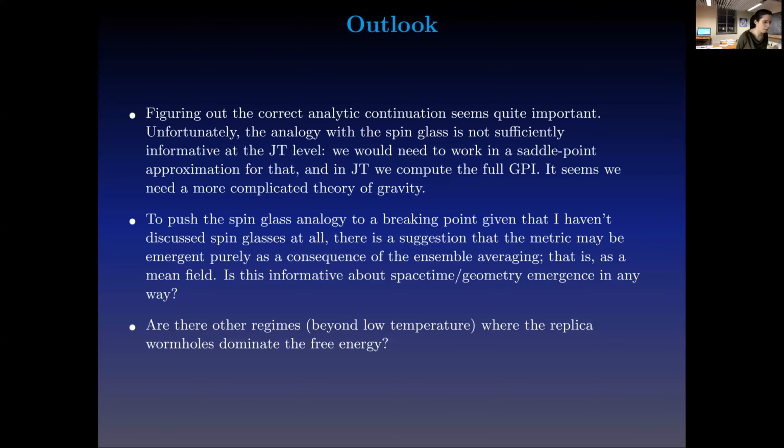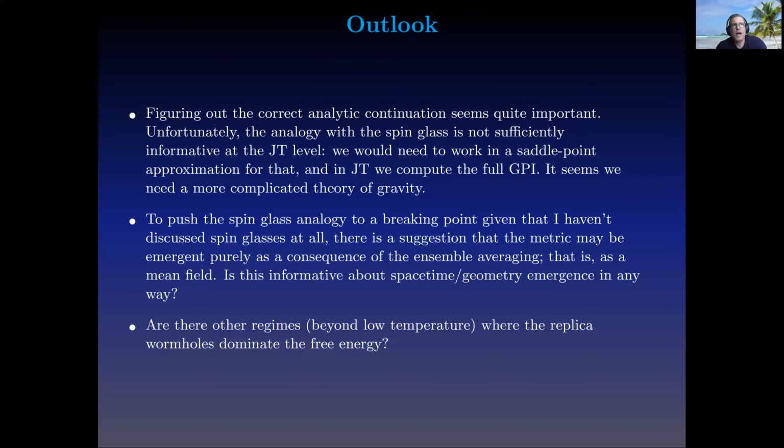Certainly I'm not claiming that the replica symmetry breaking isn't there. It's just we don't a priori see how to find it. It's not that it's not well defined. The replica symmetry breaking is in the correct analytic continuation, and without additional information from some kind of top-down quantum gravity model, we just don't know what the right analytic continuation is.